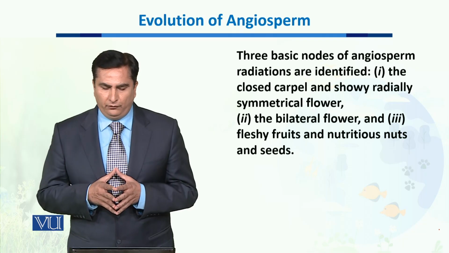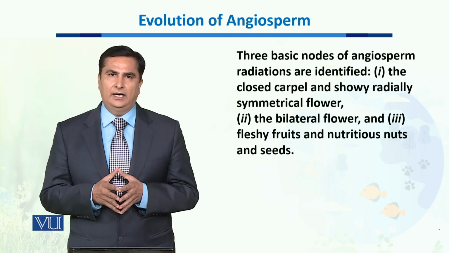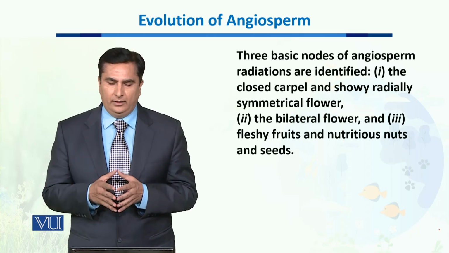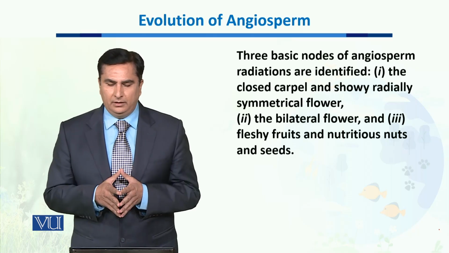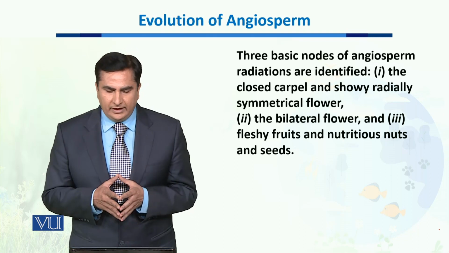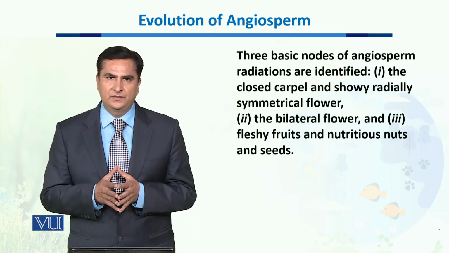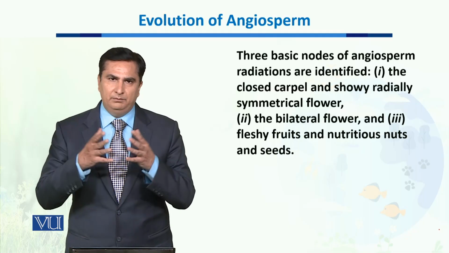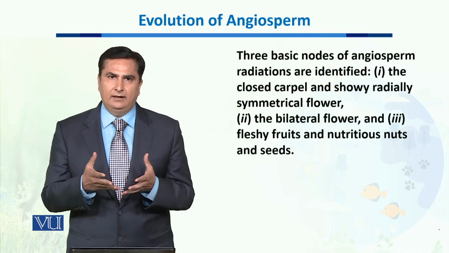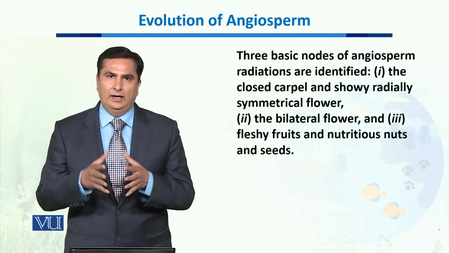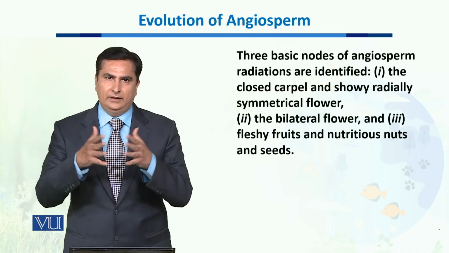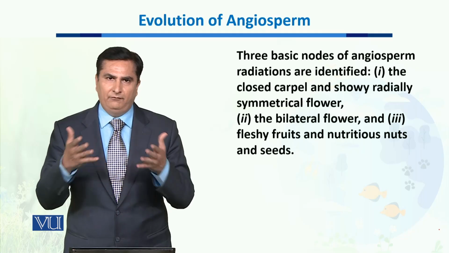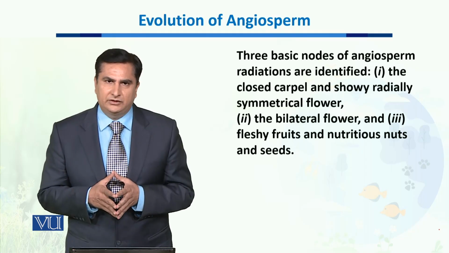Three basic nodes of angiosperm radiations are identified during the course of evolution. Number one was the closed carpel and showy, radially symmetrical flowers. The flowers have very distinct and brightly colored carpels, which are radially, symmetrically arranged on the flower as very distinct patterns.